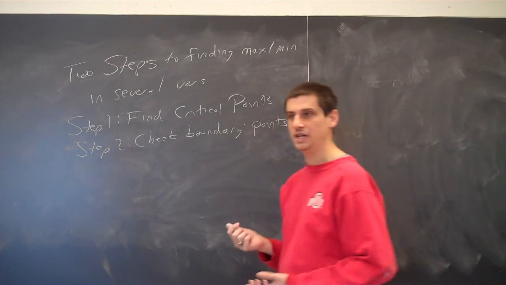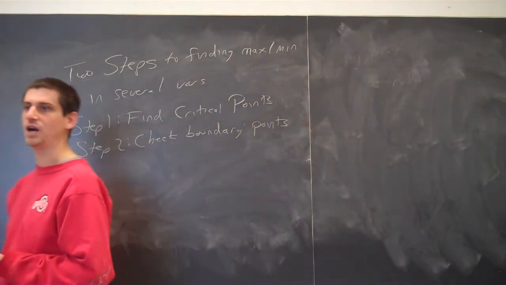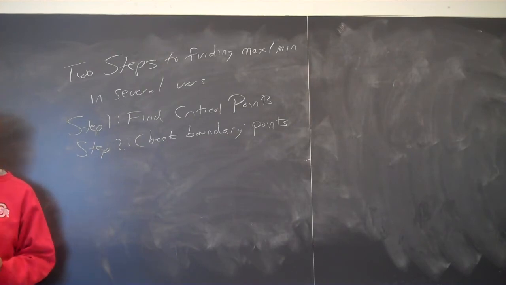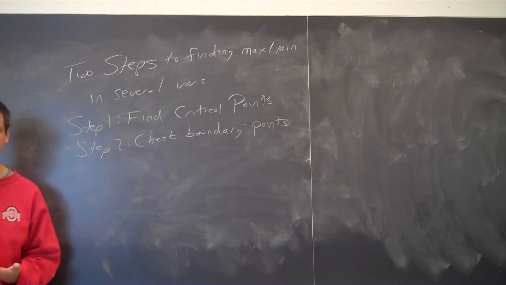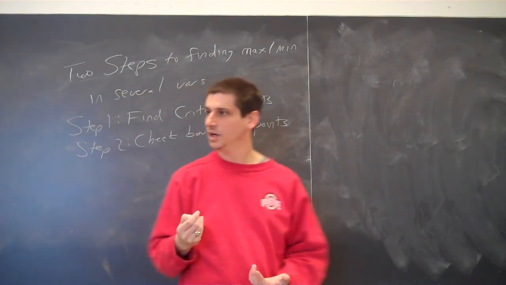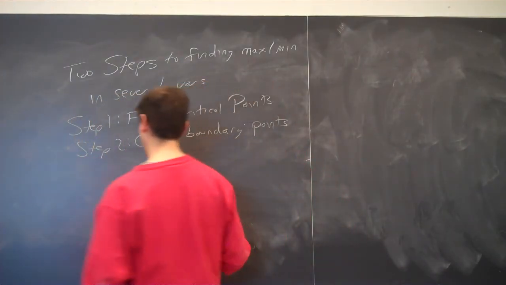So in one variable, I want df/dx, I want f prime of x to be 0. What do you think the critical point should be in several variables? It's the partial derivatives with respect to a single variable. Excellent.